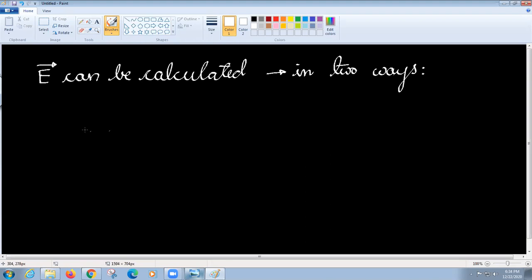So, what is the first equation for H? I can do this in two ways, so let me solve it in two ways. First of all, let me take my magnetic field.